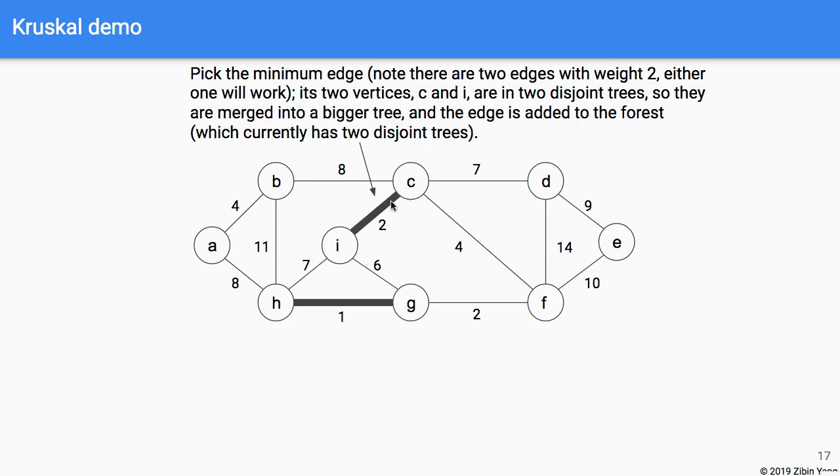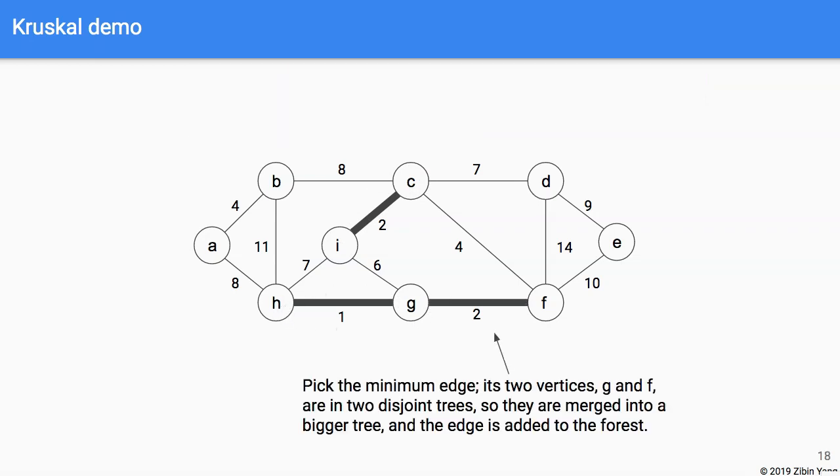So you can imagine now the forest has 2 disjoint trees, these 2.